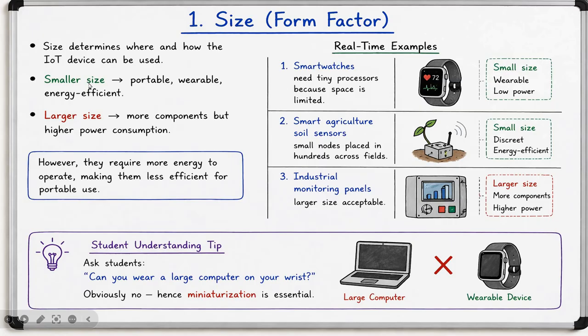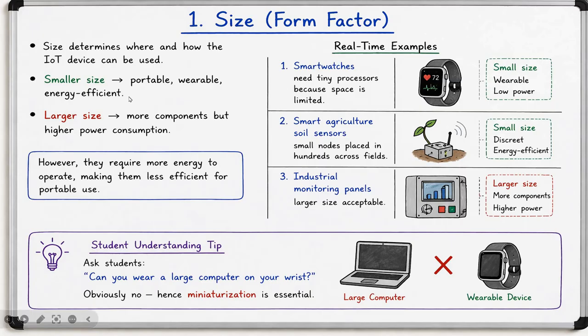And smaller size means it is portable, wearable and energy efficient. That is, smaller IoT devices are easy to carry and can be worn on the body like smartwatches or fitness bands, and they consume less power, making them suitable for battery operated and long duration applications.